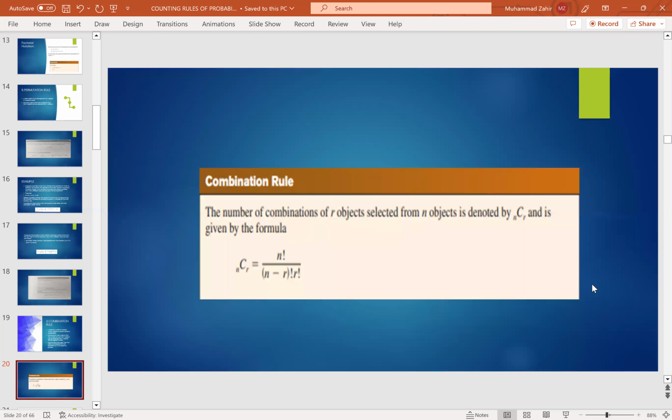The number of combinations of r objects selected from n objects is denoted by nCr and is given by the formula nCr = n! / ((n - r)! r!).